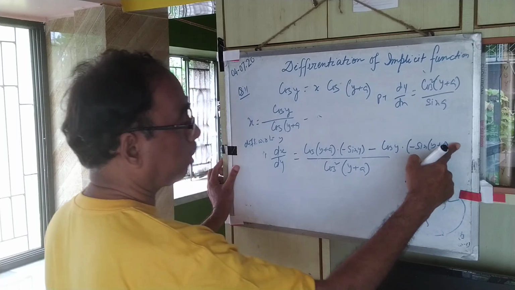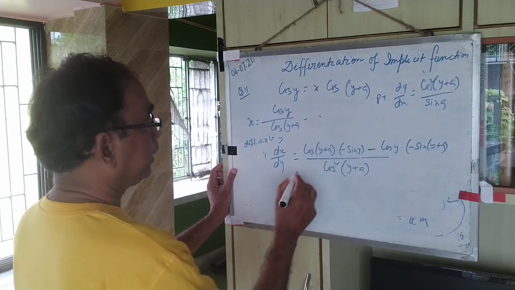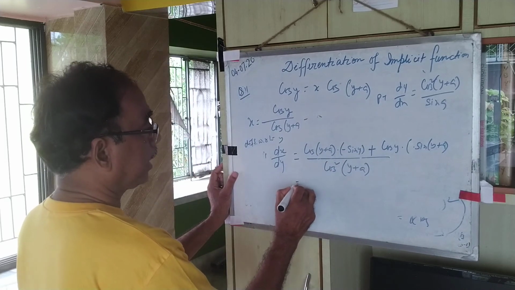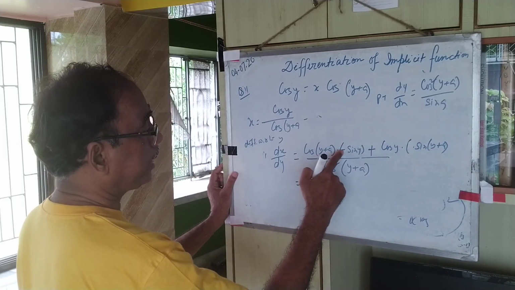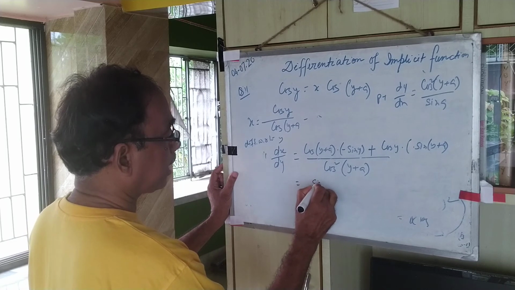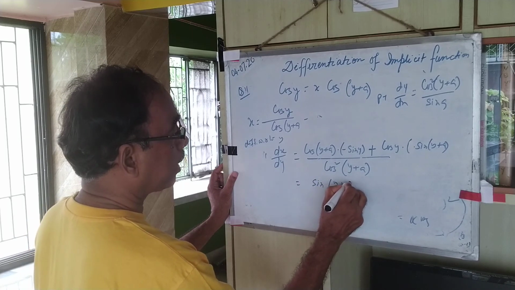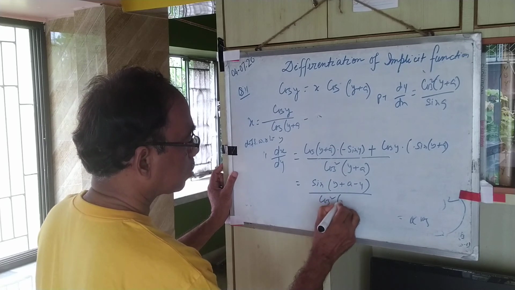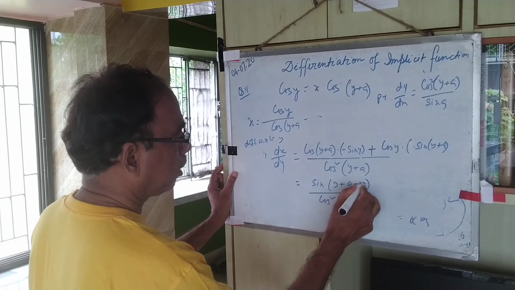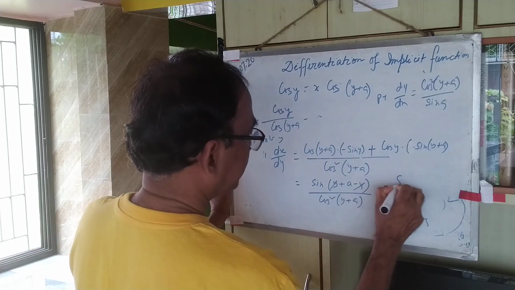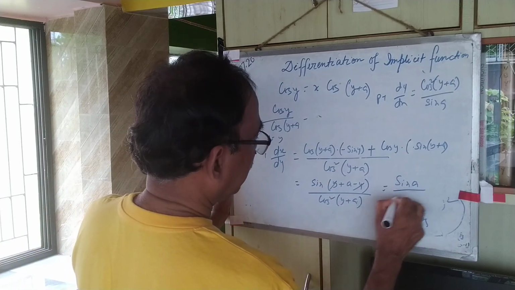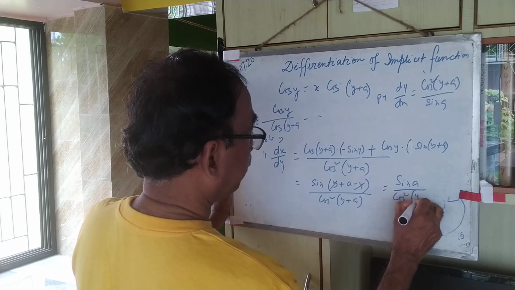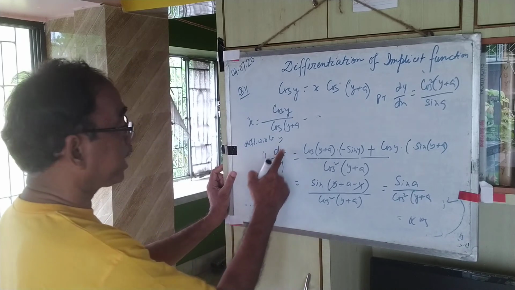This minus this should be positive. Look here, sin a cos b minus cos a sin b, that is sin of y plus a minus y by cos square y plus a. Y cancels. That is sin a by cos square y plus a. It is dx by dy.